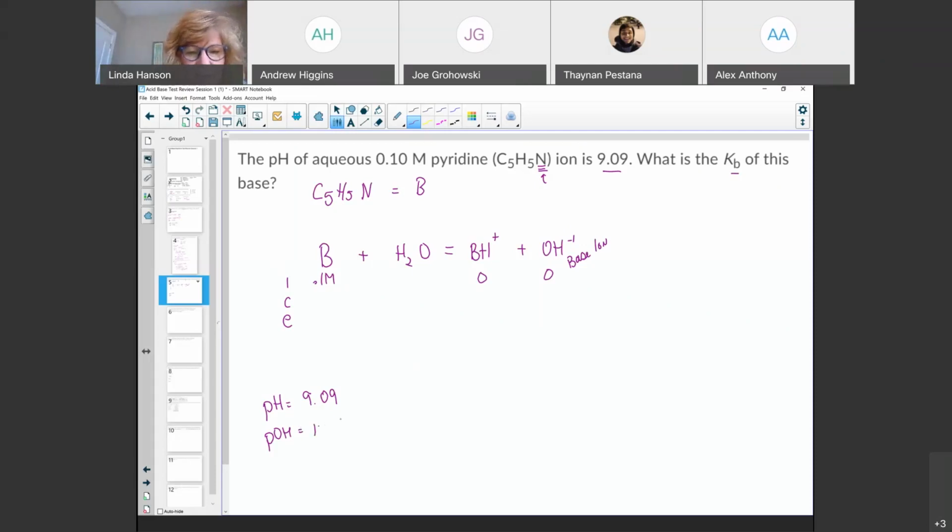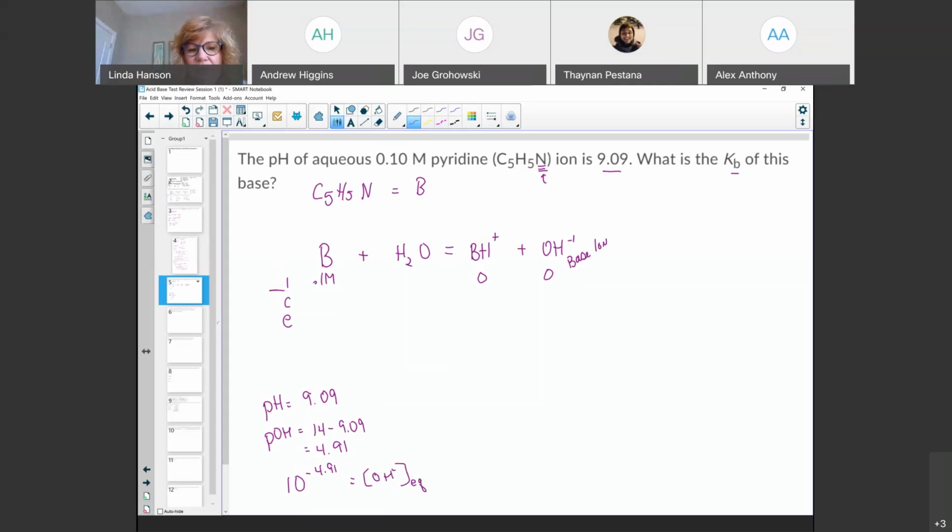So this would be a little margin math going on your calculator. I want to convert pH into pOH, and I'll do that with a simple subtraction. So the pOH is that difference from 14. I can raise 10 to the negative 4.91, which will get me the hydroxide concentration at equilibrium.